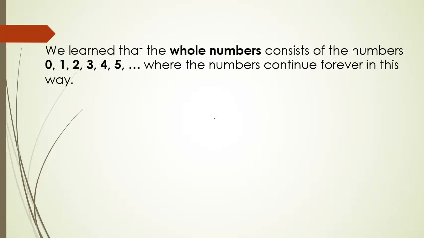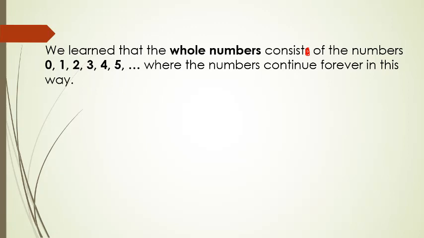Remember in seventh grade, we learned that the whole numbers consist of the numbers. There is no S here, guys. I am removing it. We learned that the whole numbers consist of the numbers 0.